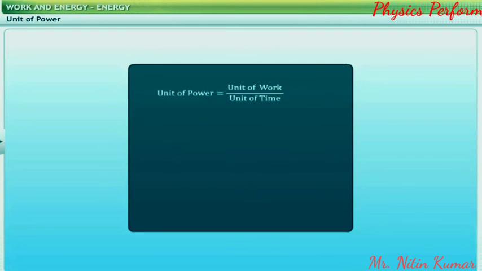Since power is the ratio of work done to the time taken, unit of power is unit of work divided by unit of time. In SI system, unit of work is Newton meter and unit of time is second.